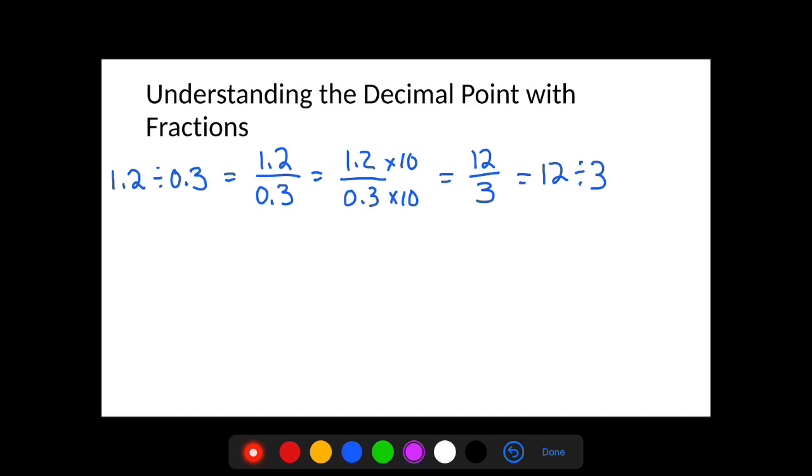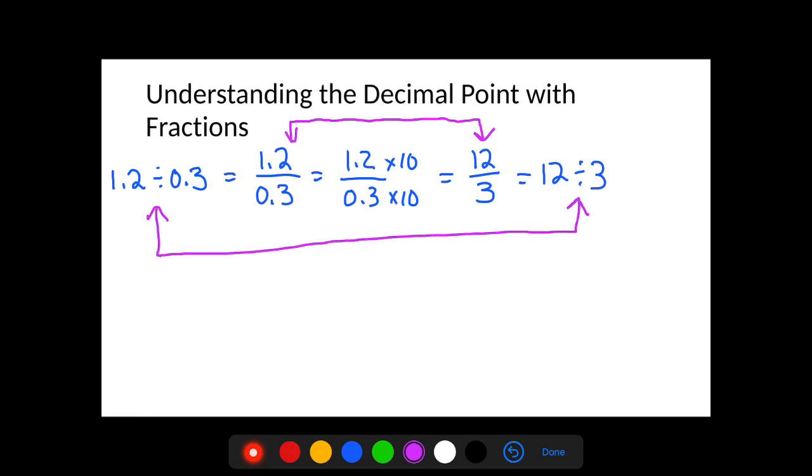So I know that these are equivalent fractions, and I know that these are equivalent division problems. Because they're equivalent, there's no need to adjust the decimal.